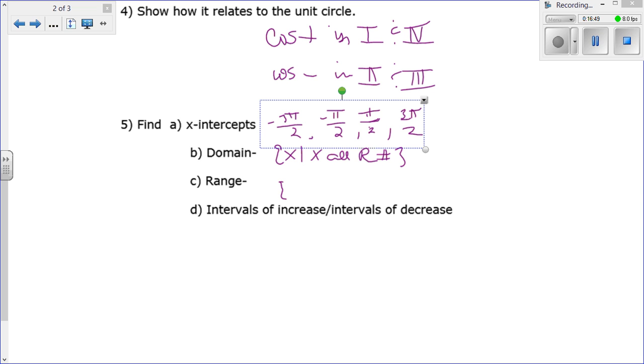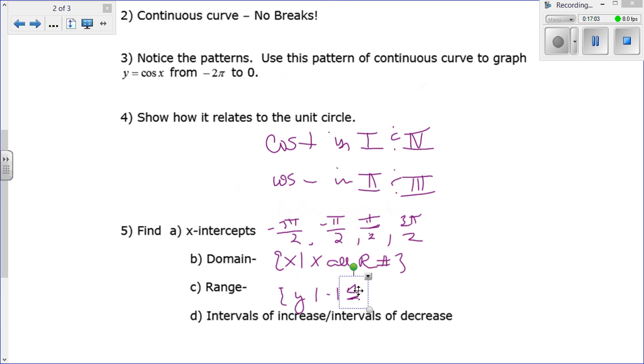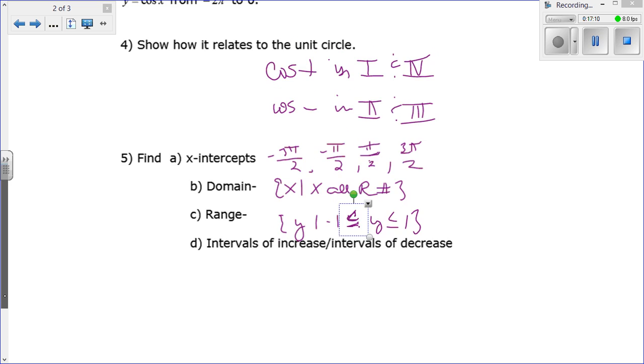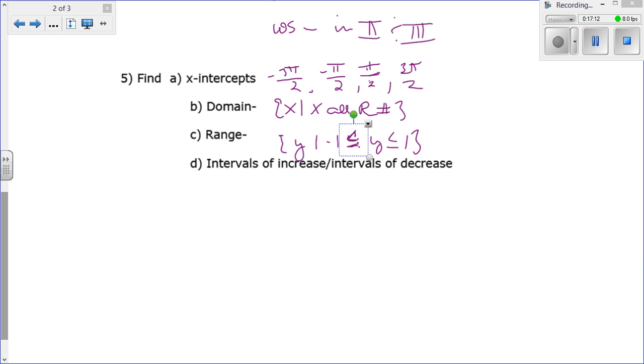My range for y is somewhere between negative 1 and 1, so let me do less than or equal to here: negative 1 less than or equal to y less than or equal to 1. Intervals of increasing or decreasing. My cosine graph is increasing from negative pi to 0 and pi to 2 pi.